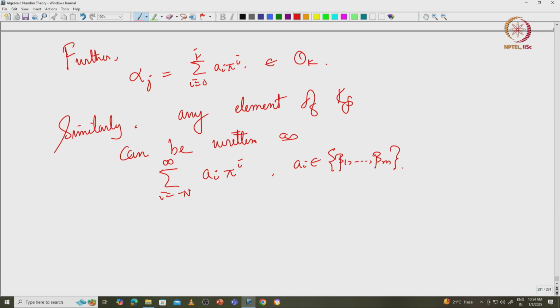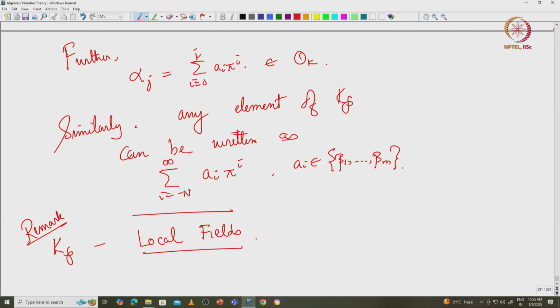All right. Okay. So here is a remark, these K_Ps are what are called local fields. So if you hear the term local fields, now you know what it means. Our real numbers and complex numbers are also local fields, but they are Archimedean local fields. These are non-Archimedean local fields.